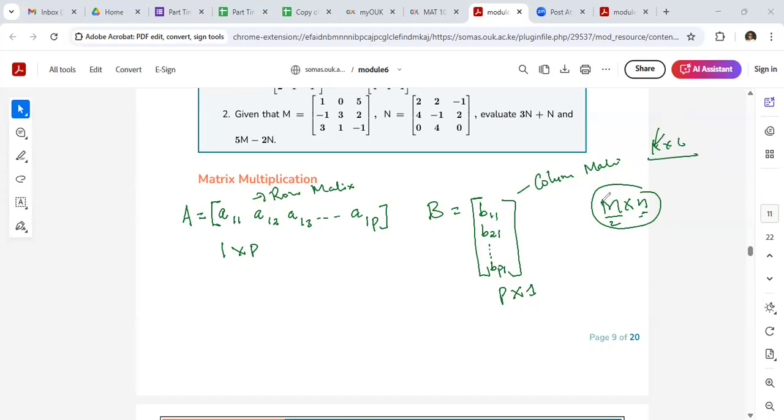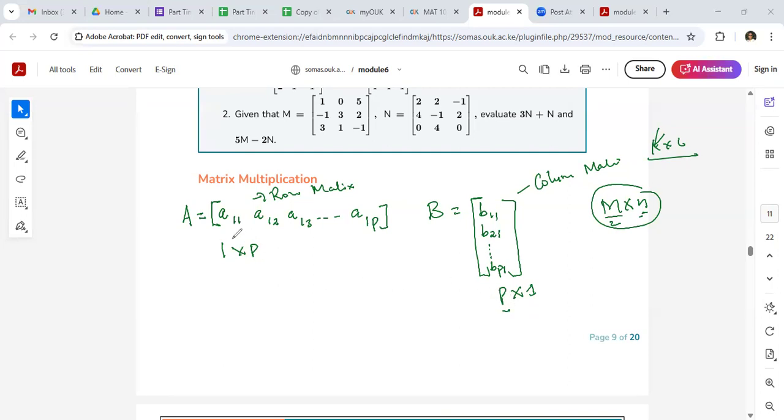But generally, we represent matrices with M rows and N columns. The reason why I have used P here is because I want the number of columns in A to be equal to the number of rows in B, because that is the only way you can multiply.